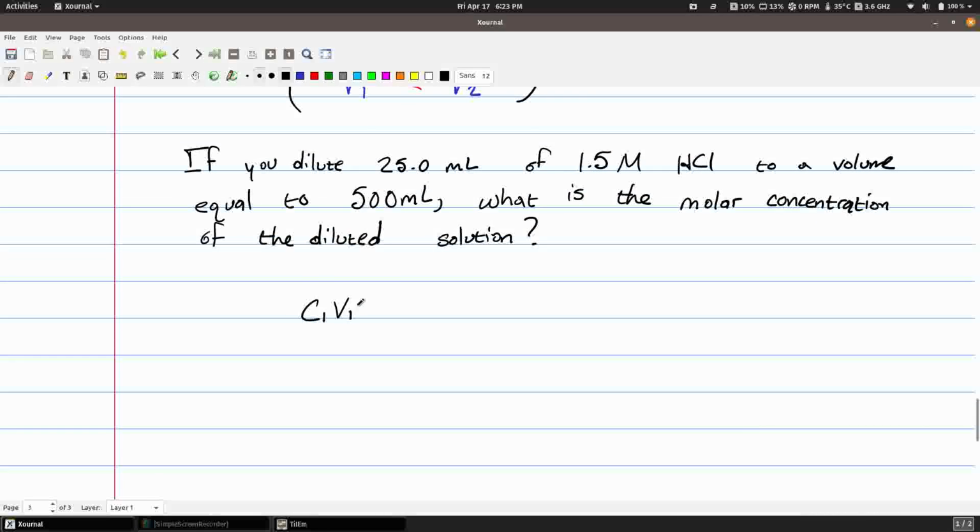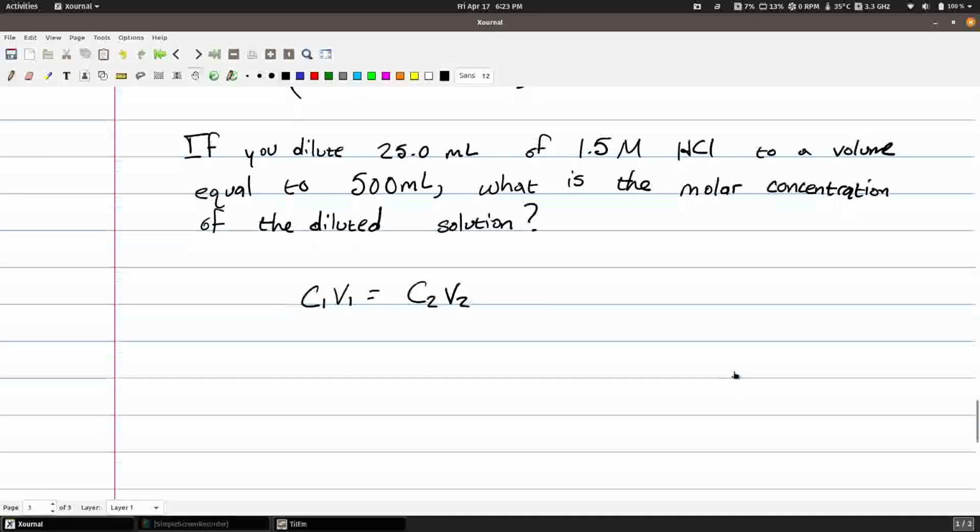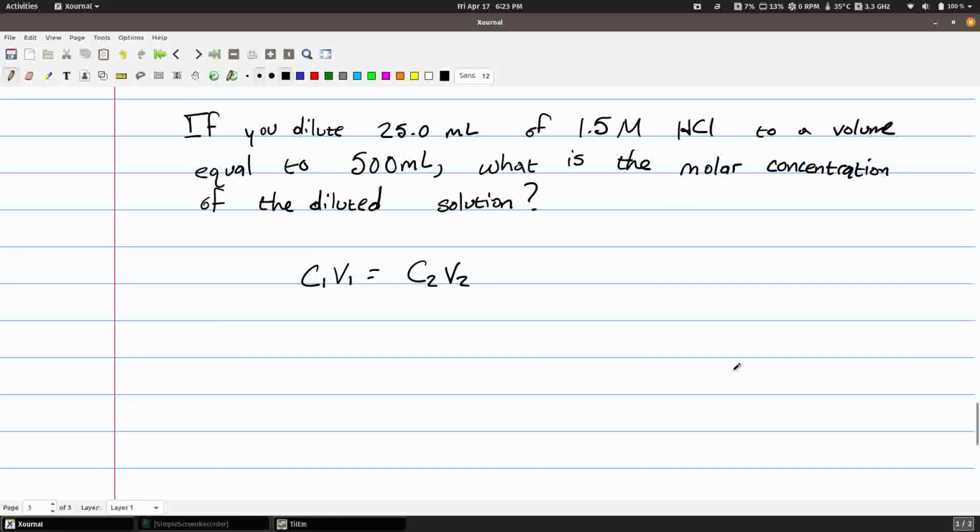C1V1 equals C2V2. Not all of these are going to be this easy, but you don't have to convert between liters and milliliters here, since you have the same volume units and the concentration will be molar. Usually it's good practice to convert to liters, but in this case it makes no difference because you're in the same units. As long as you're in the same units, you are fine.